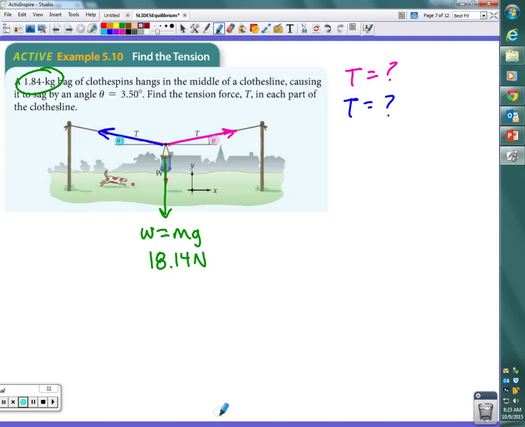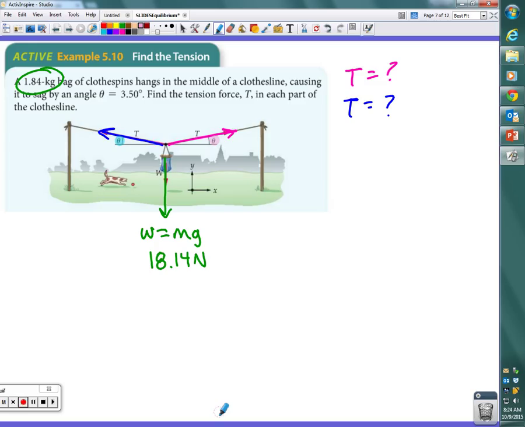And then there's one important piece of information that they didn't exactly give us, but is true about this bag of clothespins as long as the wind isn't blowing. If that bag of clothespins is just hanging there stationary, like the hook on the string over there, what has to be true about that bag? Let's go more generally.